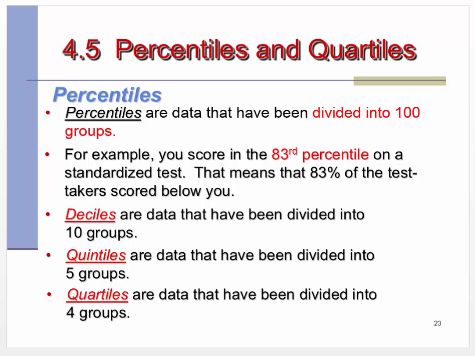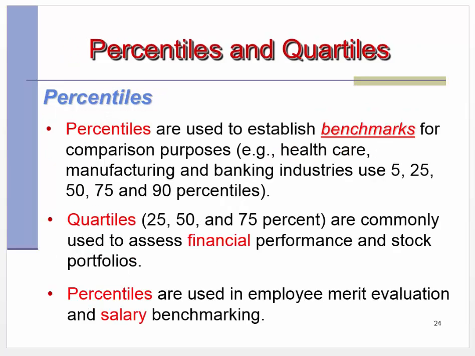You can also divide the data into 10 groups, and we call them deciles. You divide it into 5 groups, we call them quintiles. You divide into 4 groups, we call them quartiles. Percentiles are used most often, as you can see.